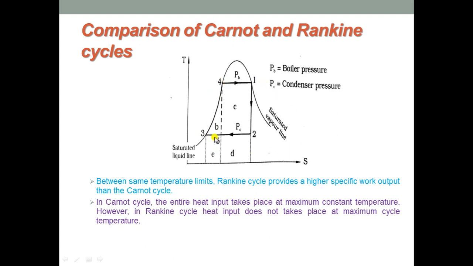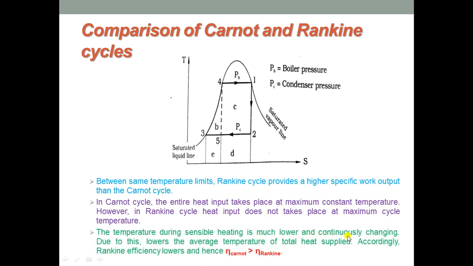So, heat addition takes place at different temperatures, not only at the maximum temperature. The temperature during sensible heating is much lower and continuously changing. Sensible heat, the definition itself says, as you go on heating there is an increase in temperature, with no phase change. So, obviously there is a continuous change in temperature during sensible heating. Due to this, the average temperature of the total heat supplied is lowered.